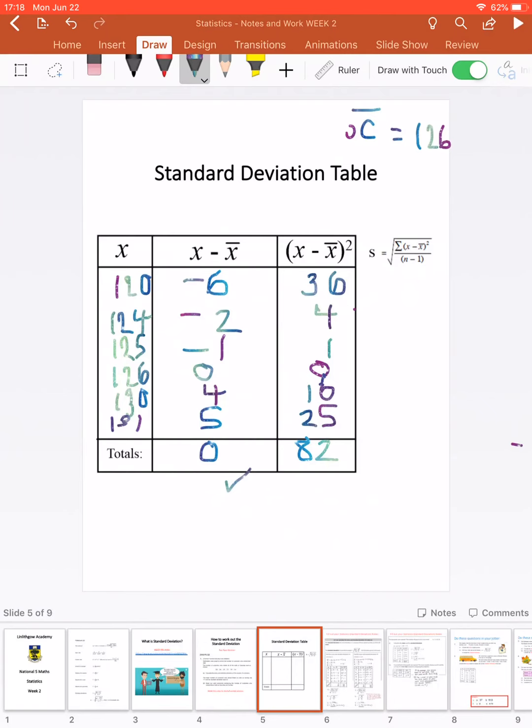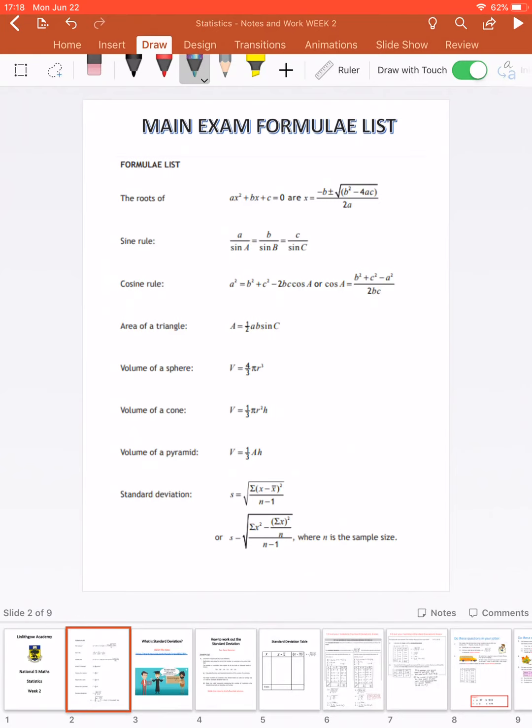Okay, now this formula will be given to you in your main exam, the standard deviation formula. So all you need to do is look at the front of the exam paper, look at the main formula list. You can see at the bottom there's a formula.